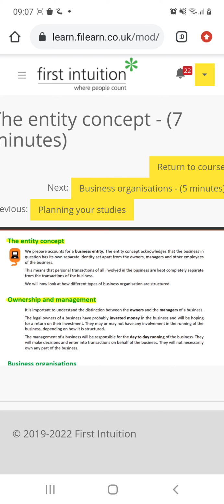So let's think first of all about the entity concept. We prepare accounts for a business entity and we must understand what a business entity is.